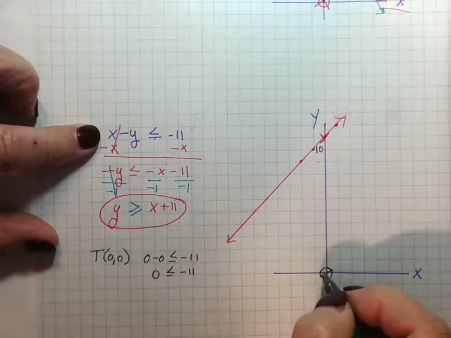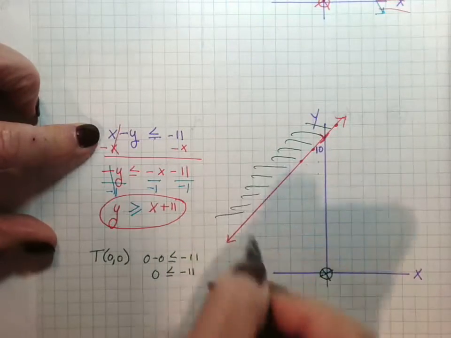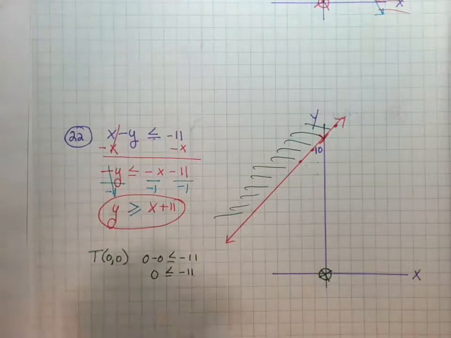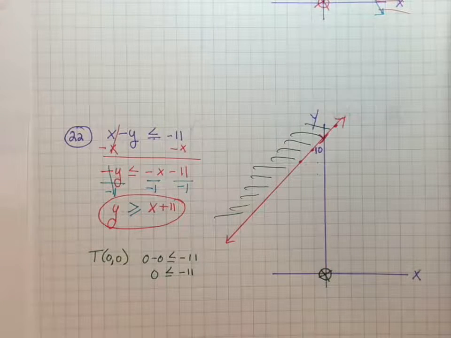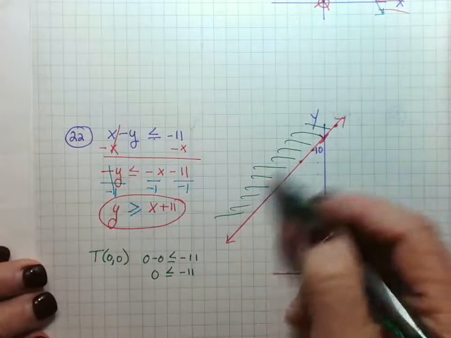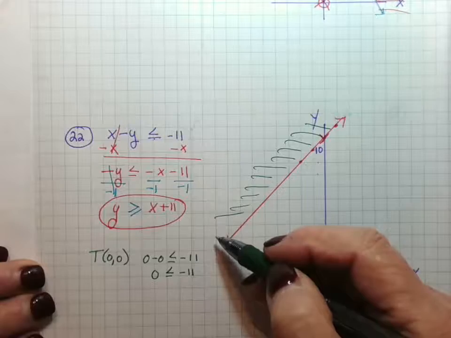Okay, no, it's not. So we shade the top half again. So all the points that are in this shaded area are solutions to this inequality.